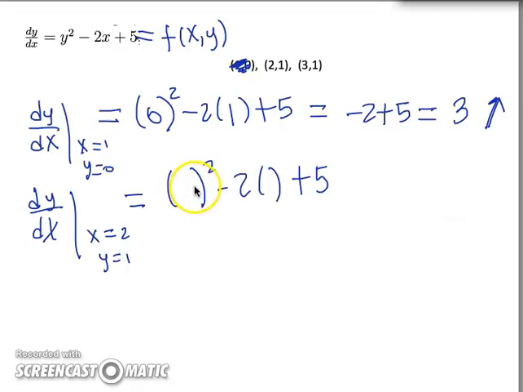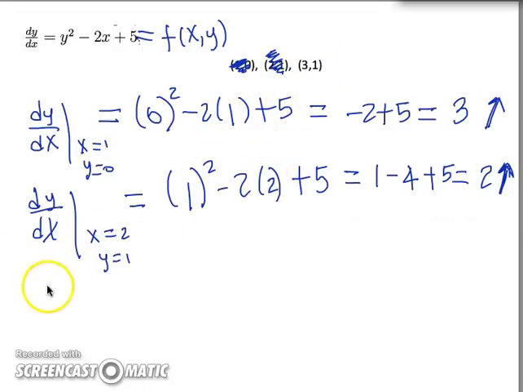So y, in this case, y is 1, x is 2. Okay, so this gives us 1 minus 4 plus 5. Okay, and this value is minus 3 plus 5 is 2. So this is still giving us a value of a slope that is positive. So that takes care of the second one.